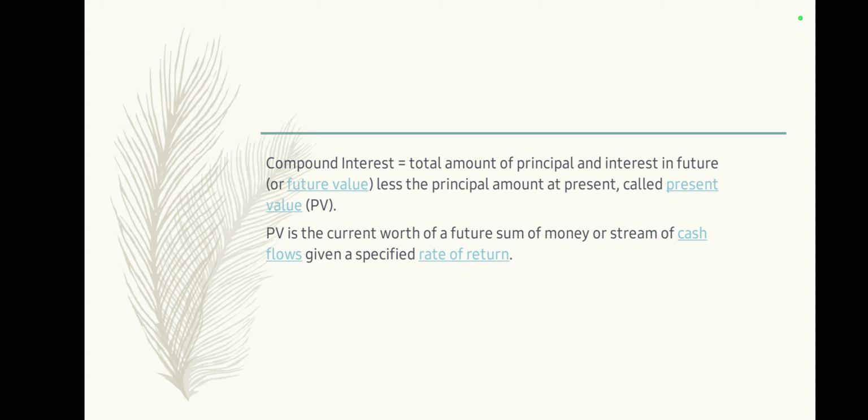Compound interest is called interest on interest because it is the total amount of principal and interest in the future, or the future value, less the principal amount at present, called the present value. The present value is the current worth of a future sum of money or stream of cash flows given a specified rate of return.